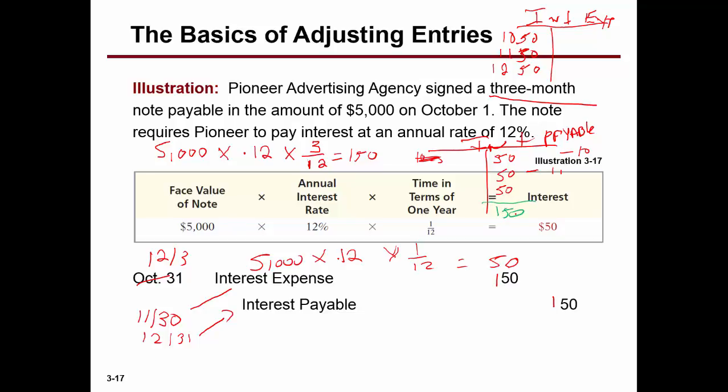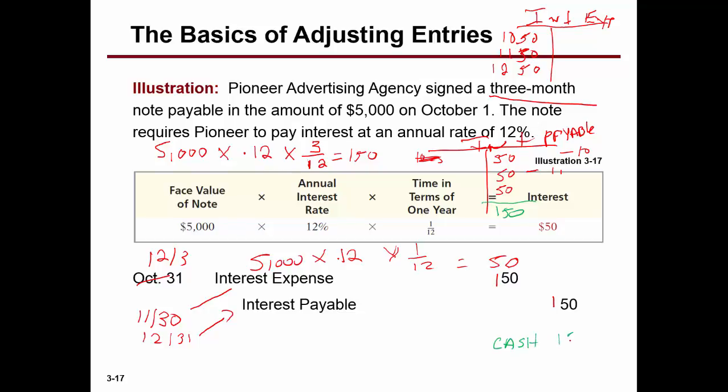Okay. So what journal entry do we want to make in January when we pay him? Are we going to have to pay him cash? Or is he just going to take gold from our teeth? We have to pay him cash, don't we? So if we're going to pay cash, are we going to debit cash or credit cash? We have to credit the cash. Good. For what? $150?